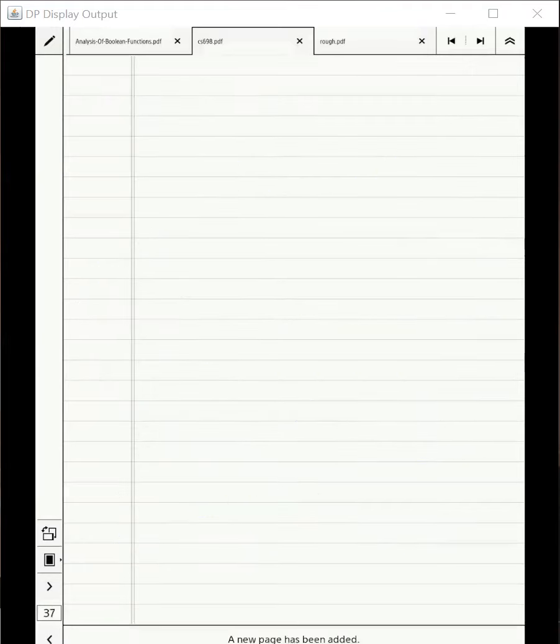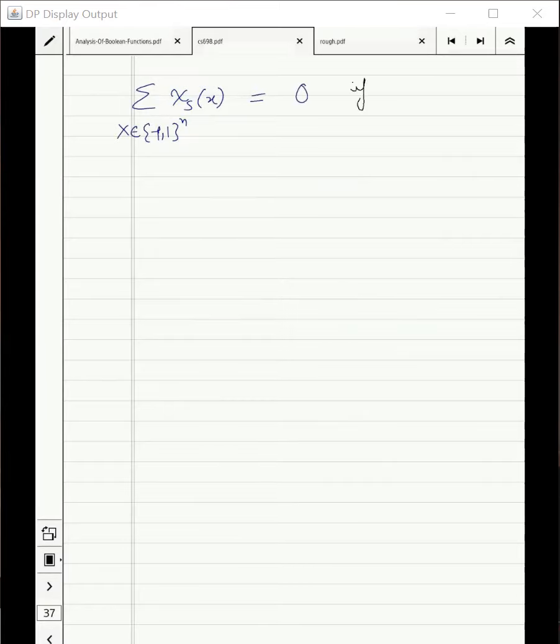Okay, let me just say it once again. Look at the sum of chi S(x), where x is an element of {-1, 1}^n. This quantity is 0 if S is not equal to the empty set. And what is the proof? The proof is actually very, very simple.